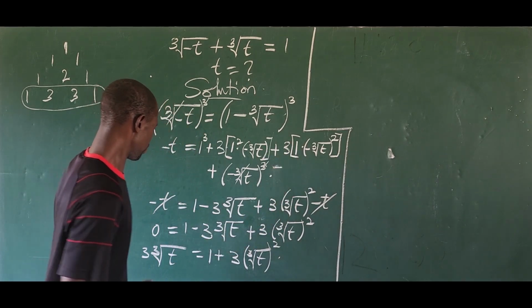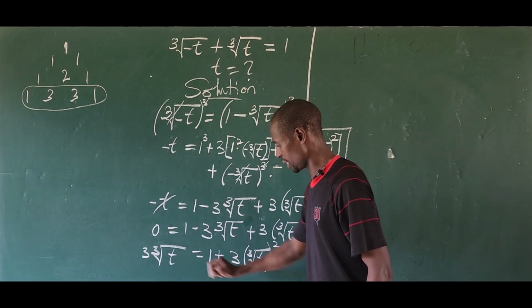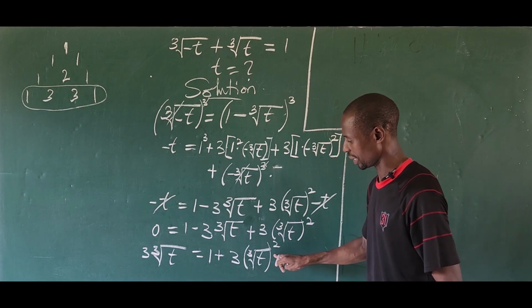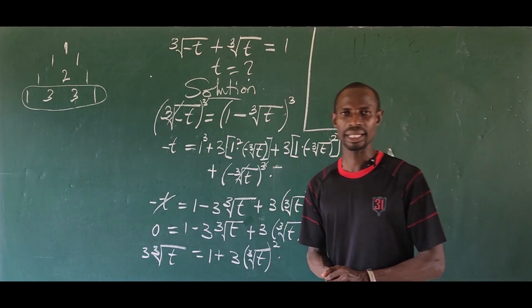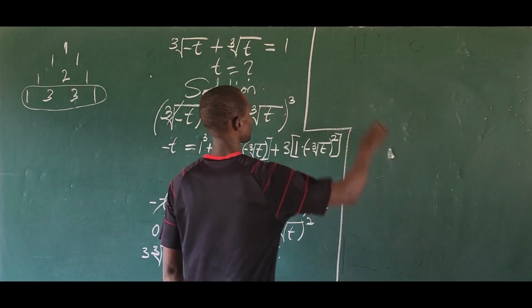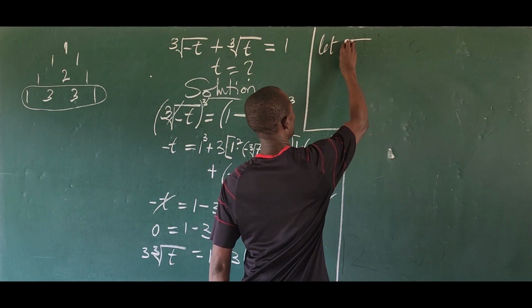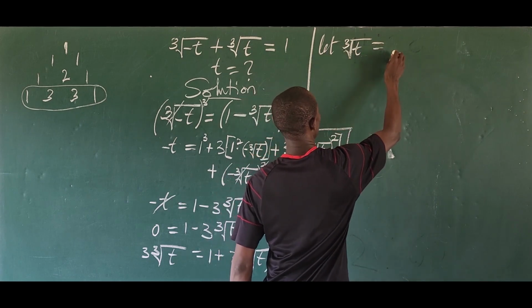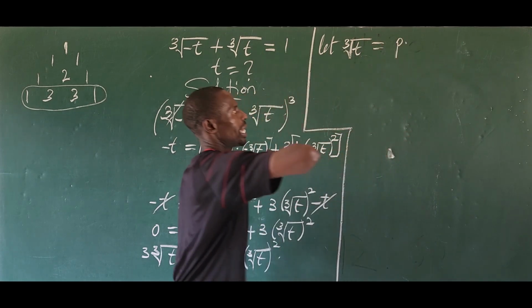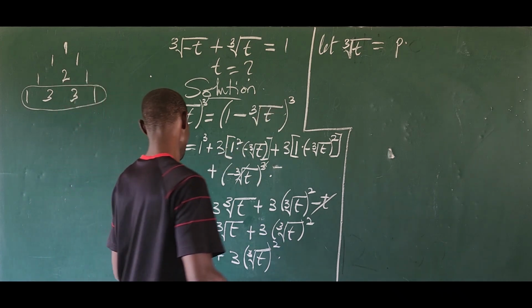All right. Now, from what we have here, we are having the cube root of t, and we're having the cube root of t here. So we bring another alphabet to substitute for cube root of t. So from here, let the cube root of t be equal to, let's say, p. I like using p. So wherever we see cube root of t, let's put in p.